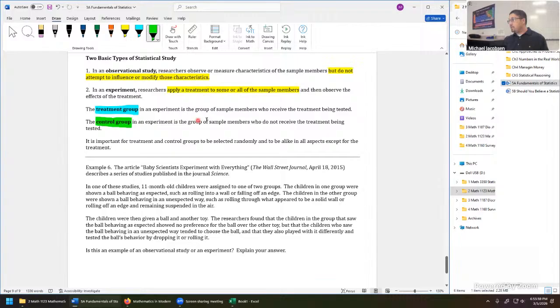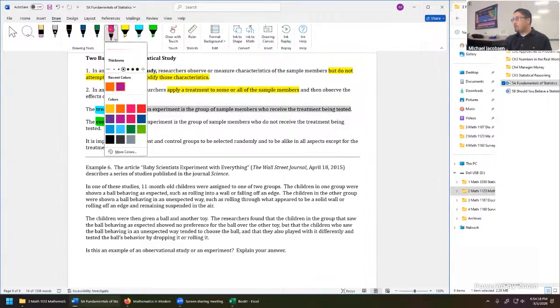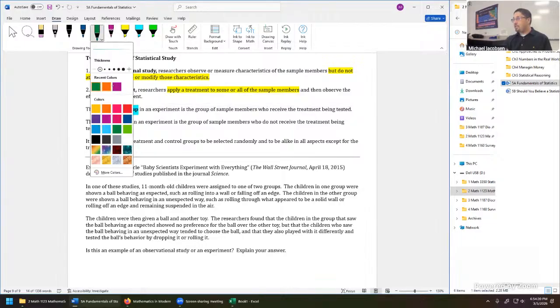So in the control group, sample members do not receive a treatment. They're the baseline. They're the ones we compare against. And the treatment group, they receive the treatment being tested. So again, I feel like the wording here is really kind of weird. This is our author's verbatim wording for an experiment. So let's add just an additional statement here for clarity.